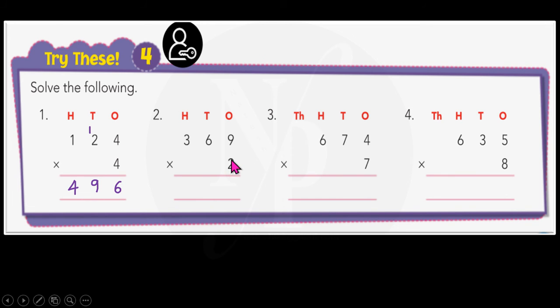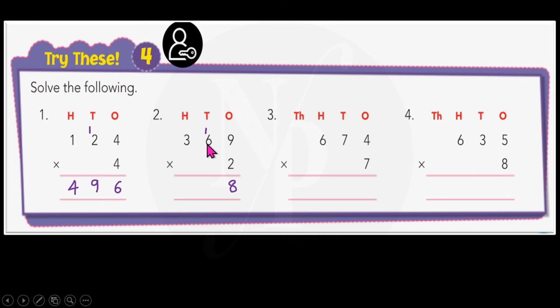Let us begin multiplication from ones column, that is 9 ones into 2 is 18 ones, and 18 ones are regrouped as 1 ten and 8 ones. Multiplying 6 tens by 2. So 2 sixes are 12. 12 plus 1 is 13.